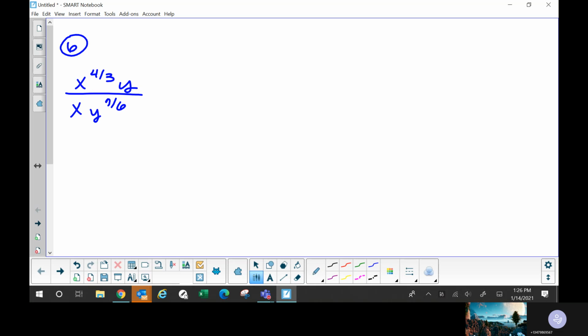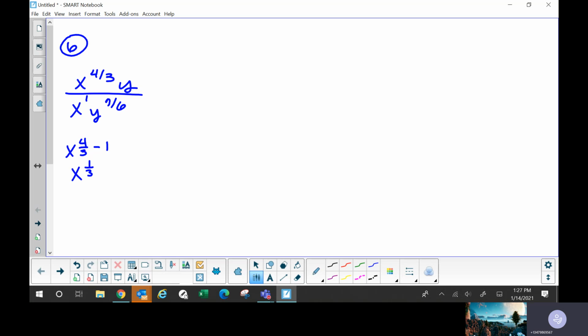Okay, so what you're gonna do, and I already did this in the calculator to make this go a little bit faster, but whenever you have the same base and you have a fraction, you can subtract your exponents. So I'm gonna do x to the 4/3 minus 1. 4/3 minus 1 gives you x to the 1/3.